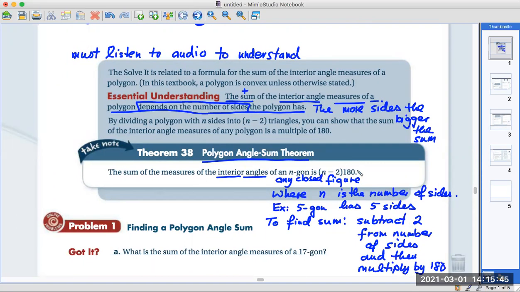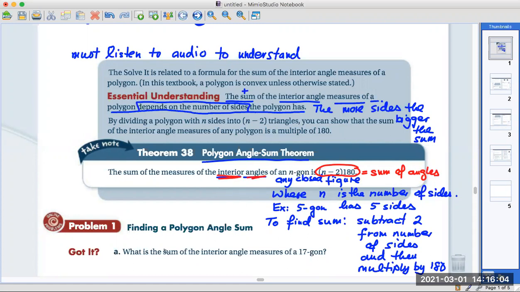And that's what this little formula says. I'm just writing it down with words, yeah? Sum of interior angles.